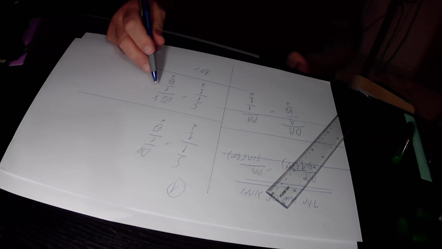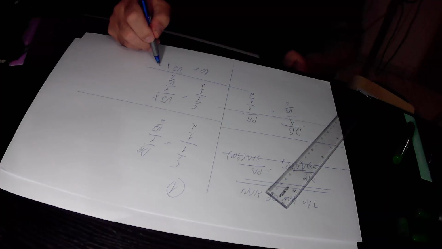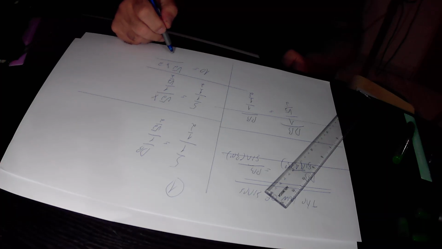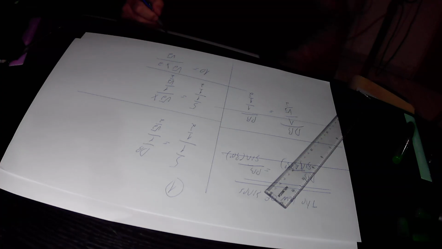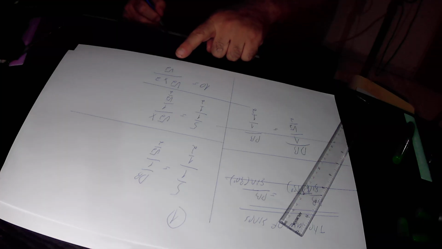We move the 2 to the numerator and the square root of 2 to the denominator. We get that 10 equals square root of 2 times x times 2 over square root of 2.